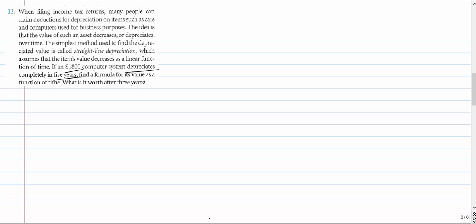So I start with 1800. Today, when it was bought, it was $1,800. And it takes 5 years to depreciate completely. That means in 5 years, the value will be $0.